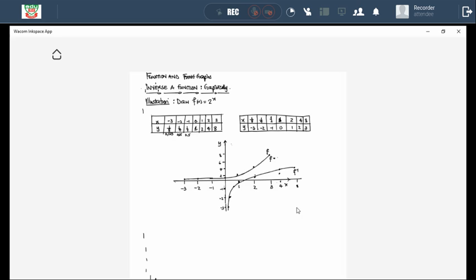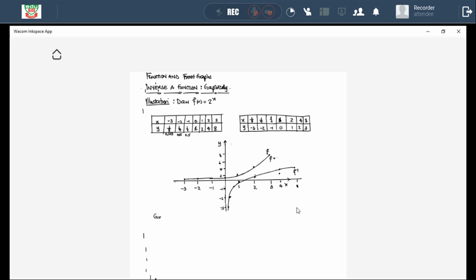The inverse graph is the logarithmic function. Remember the strong bond between an exponential function and a logarithmic function. This is the inverse of an exponential, which is logarithm. So you can see that this is your logarithmic graph, which is the inverse of the exponential.